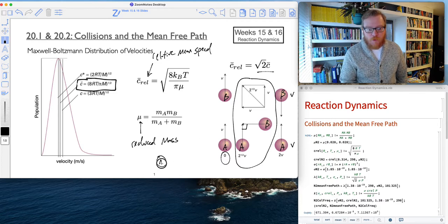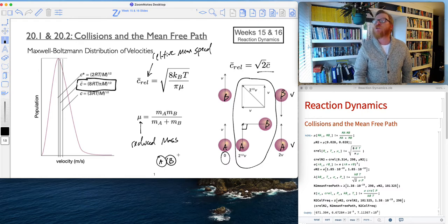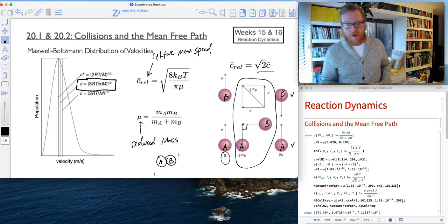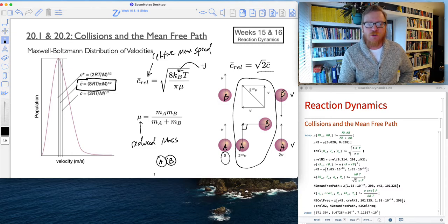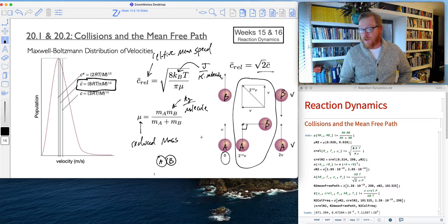Right when they collide, we've got an A and a B colliding, and the reduced mass describes that collision pair, which goes as the mass of A times the mass of B divided by the mass of A plus the mass of B. Note all of our units: if I'm using k Boltzmann in joules per Kelvin per molecule, then this mass needs to be kilograms per single molecule.